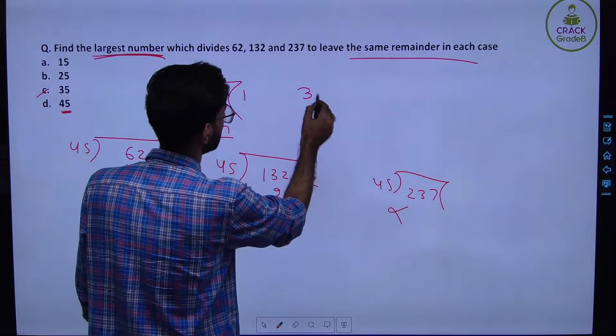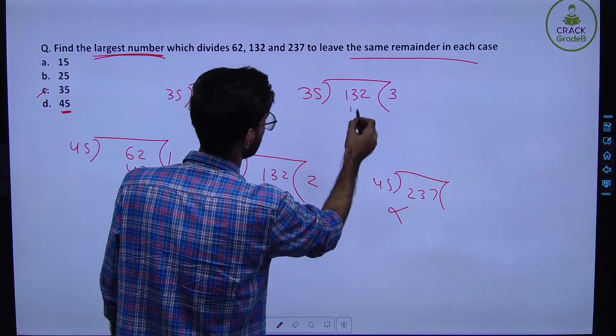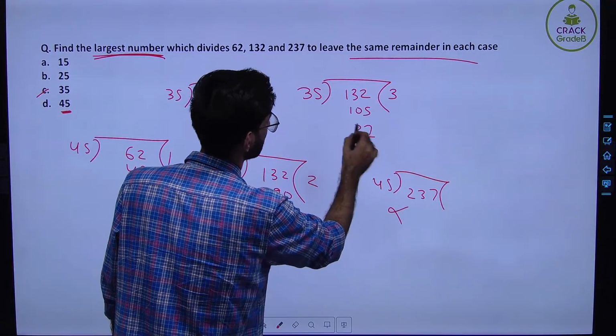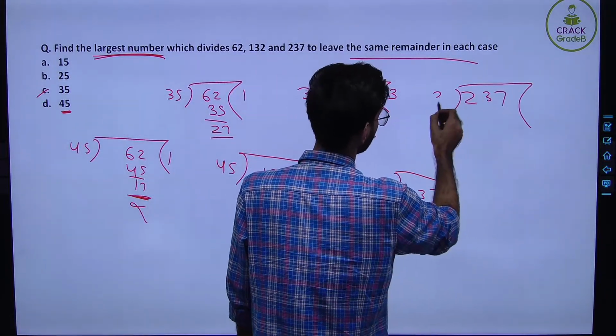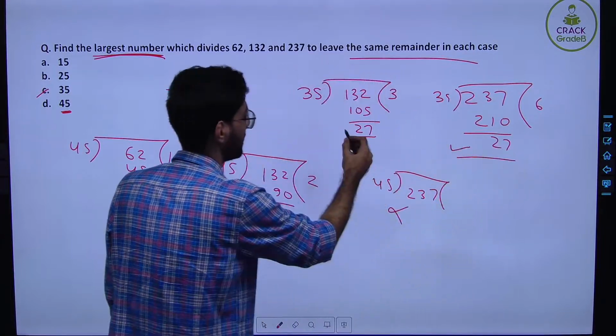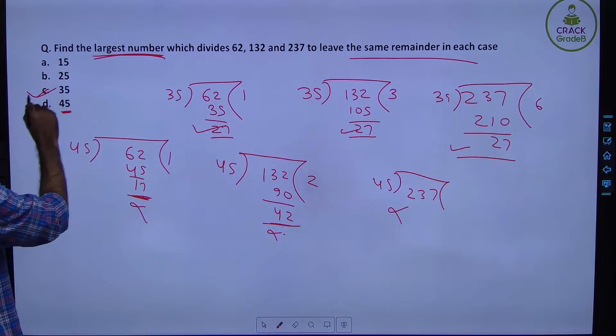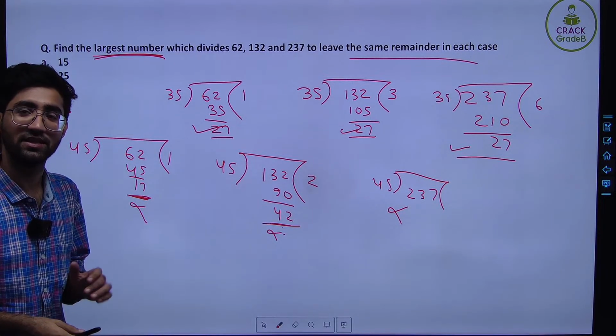If you divide 132 by 35, you get remainder 27. If you divide 237 by 35, you get 27. You have got the same remainder in each case. That's why the correct answer is 35, right?